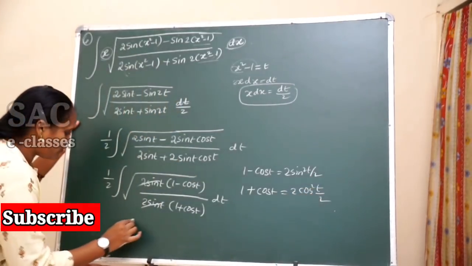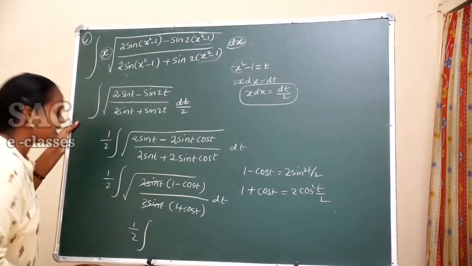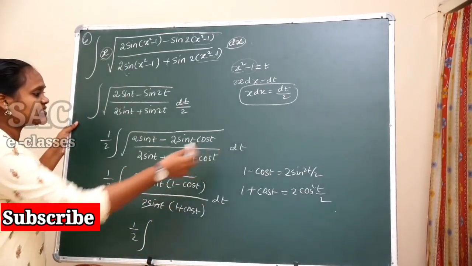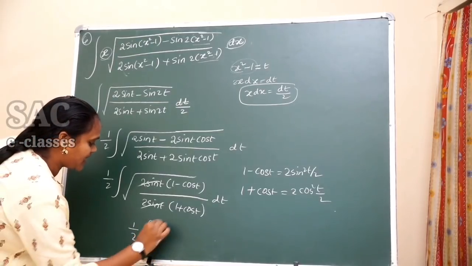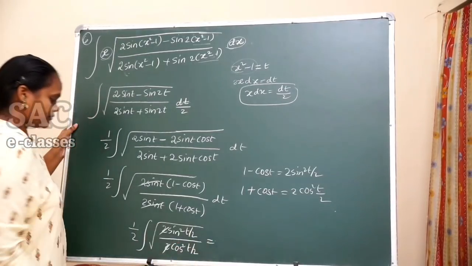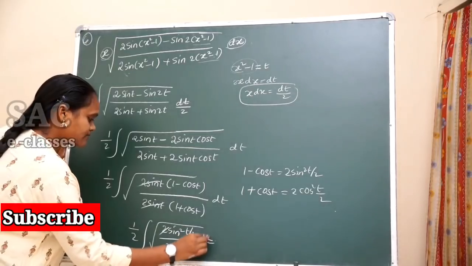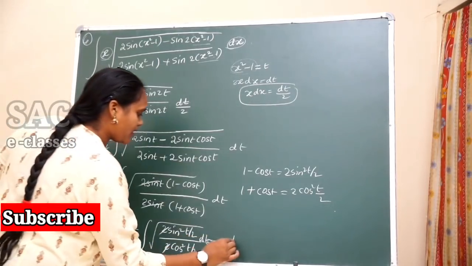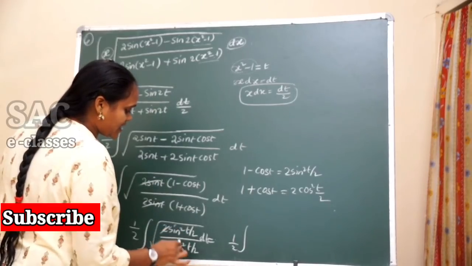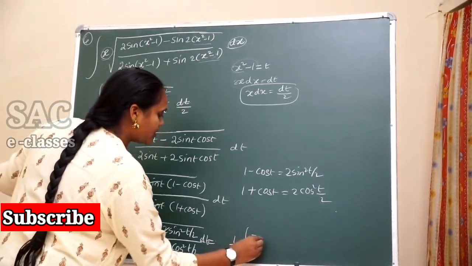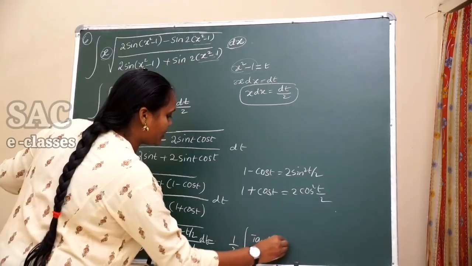Right. So 1 by 2 into integration of 2 sin square t by 2 by 2 cos square t by 2. So you can write it as half into integration of, the squares also cancel, sin by cos is tan, so tan t by 2 dt.